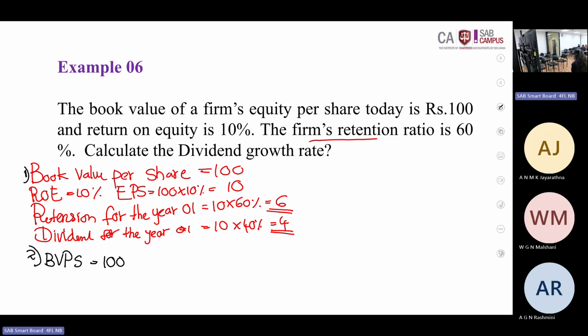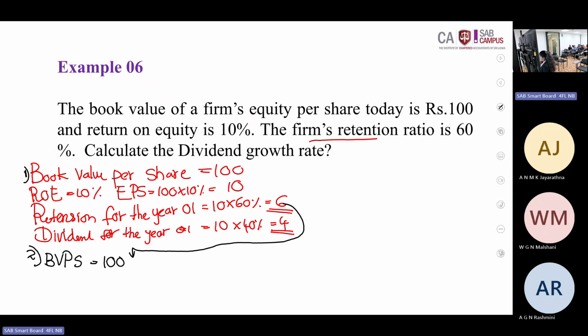Is that the same amount? No. Why would this not be the same value? Because last year we had a retention.